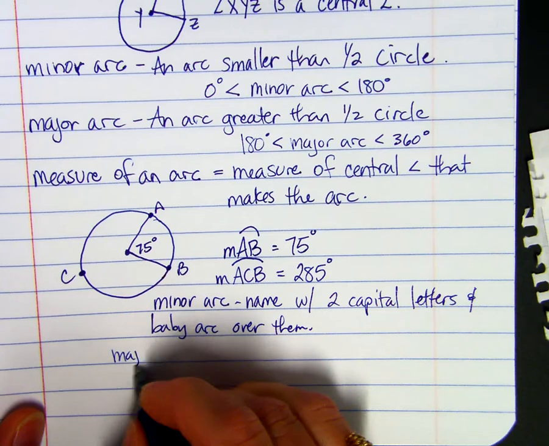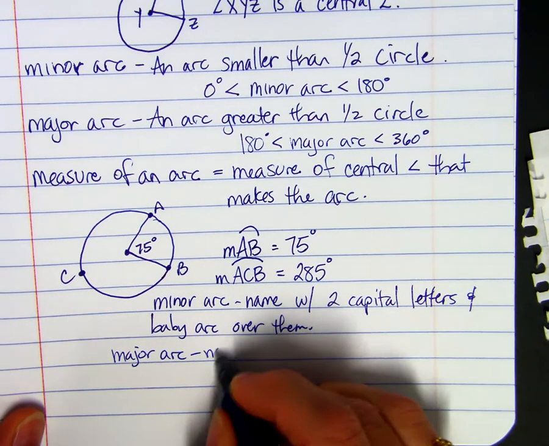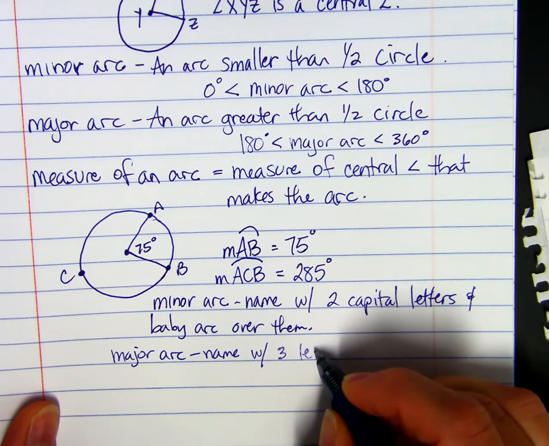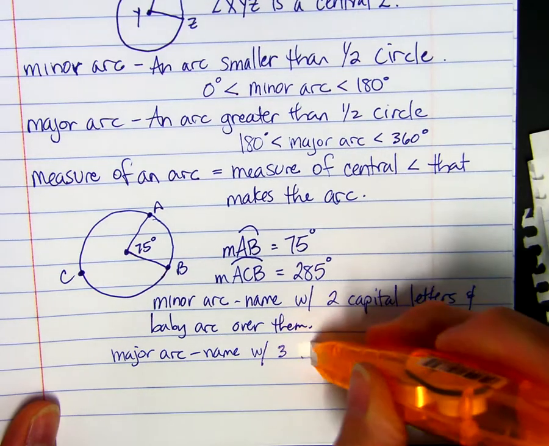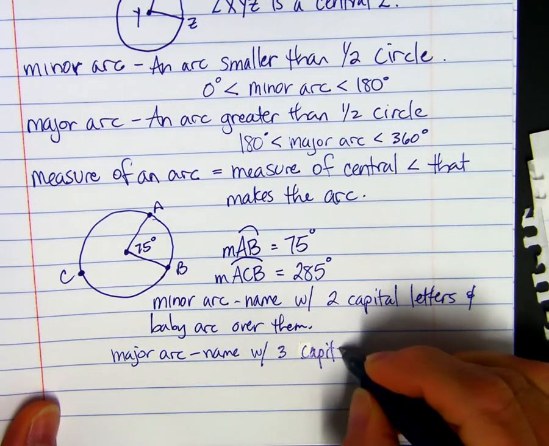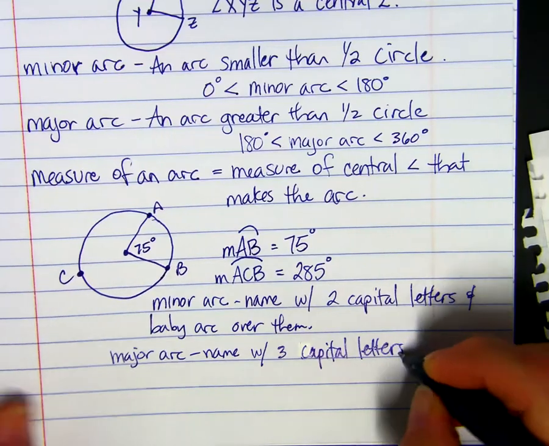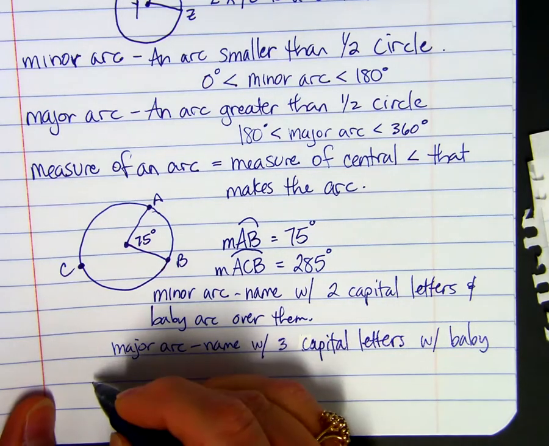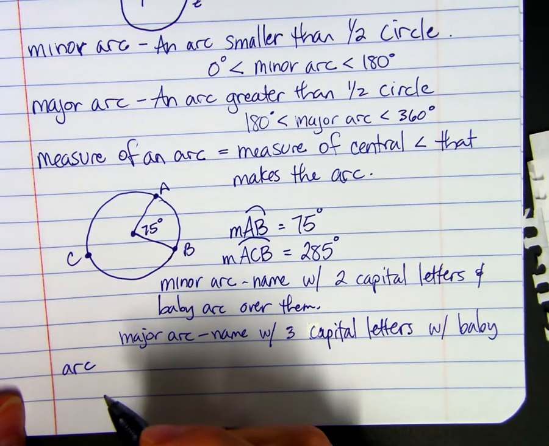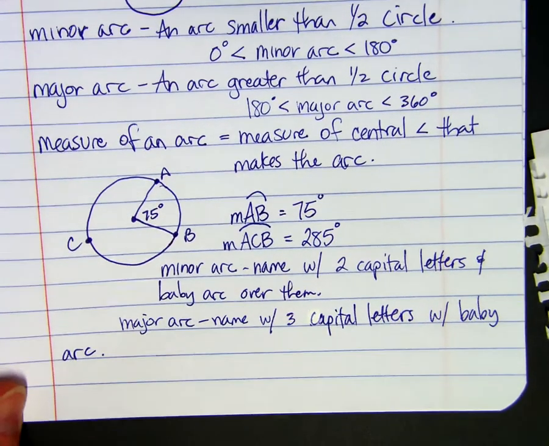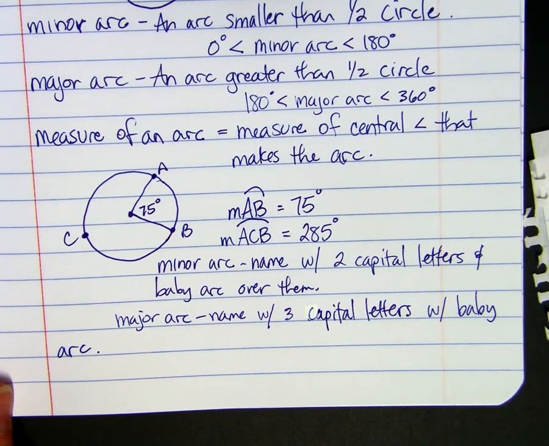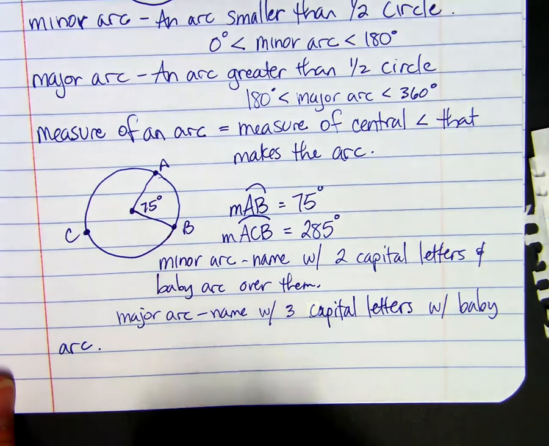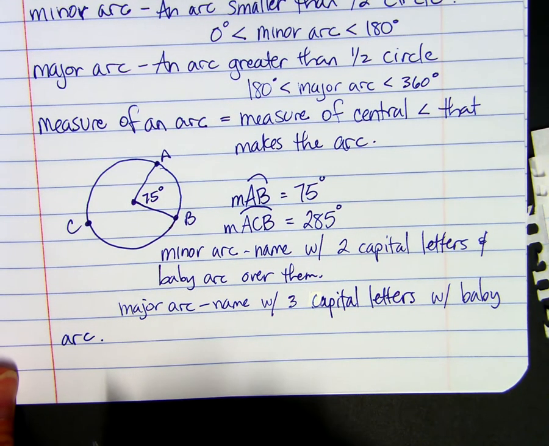For a major arc, we're going to name with 3 capital letters, with the baby arc. You can also just say major arc ACB or major arc AB if you wanted to, and only use the 2 letters, but you'd have to indicate with the word major.